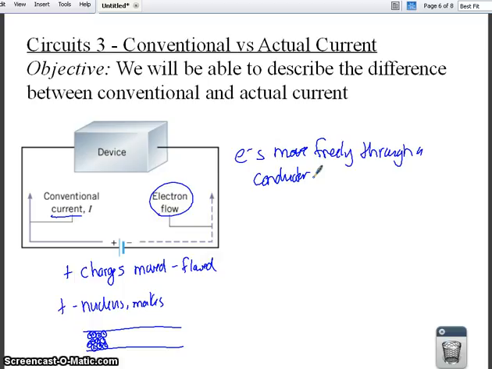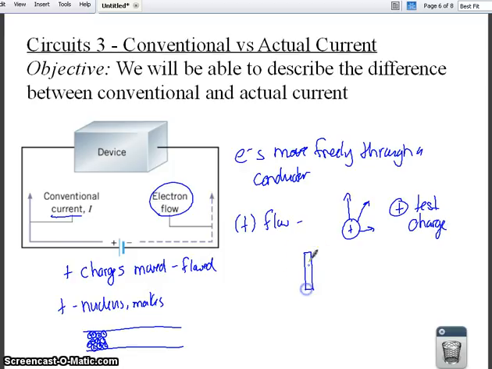This positive flow matches up with what we know about electric fields, with a positive test charge, and the concept that charges will go from a region of higher potential to a region of lower potential.